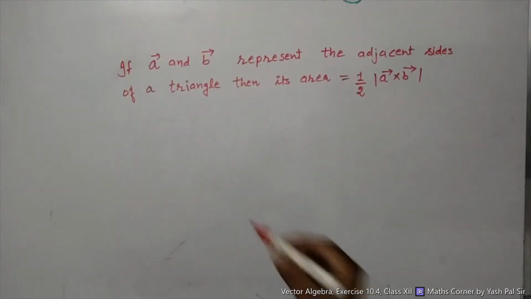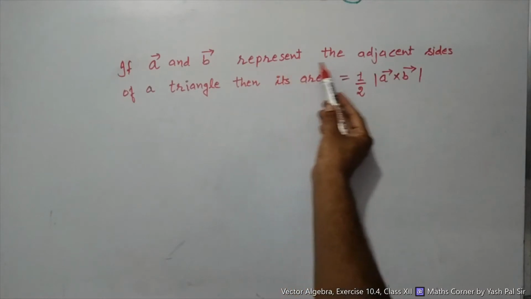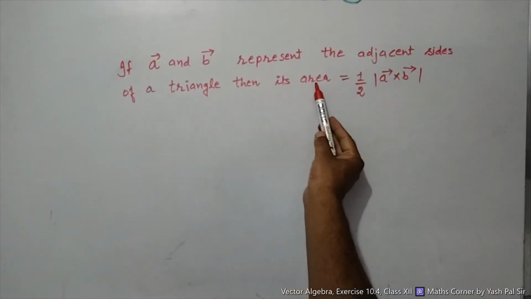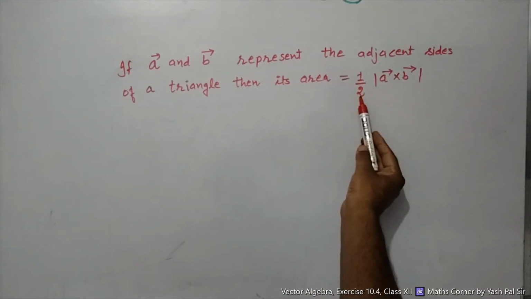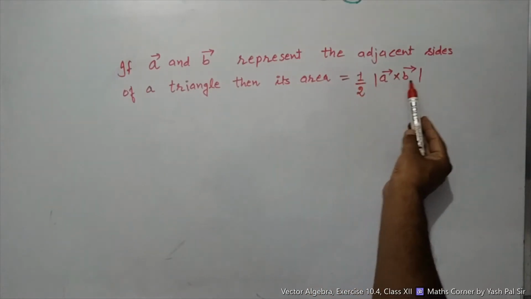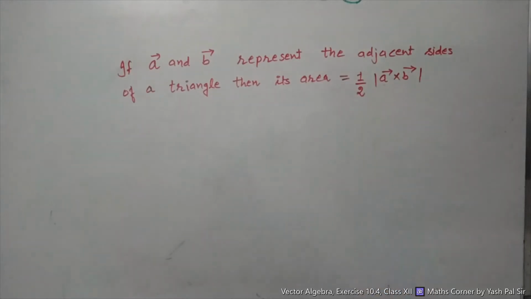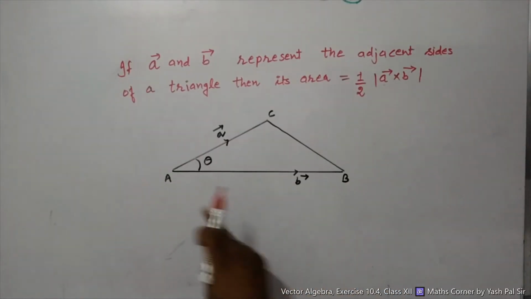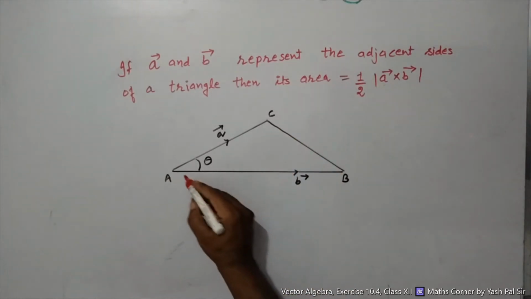If vector A and vector B represent the adjacent sides of a triangle, then the area of the triangle will be equal to half of the magnitude of the cross product of vector A and vector B. Suppose this is the triangle ABC.